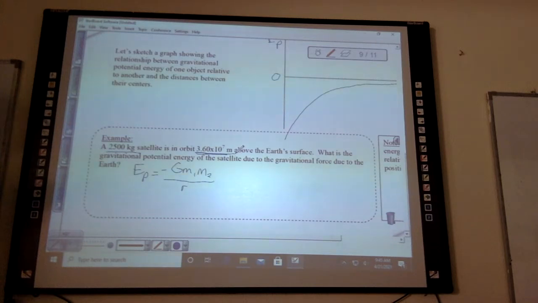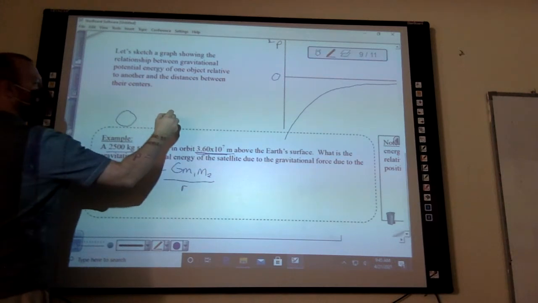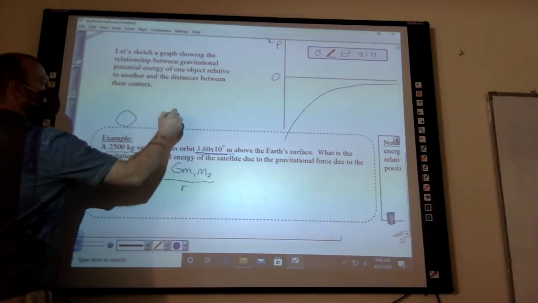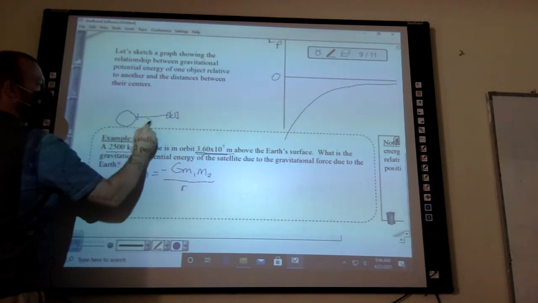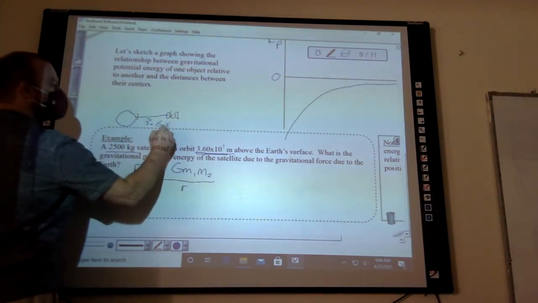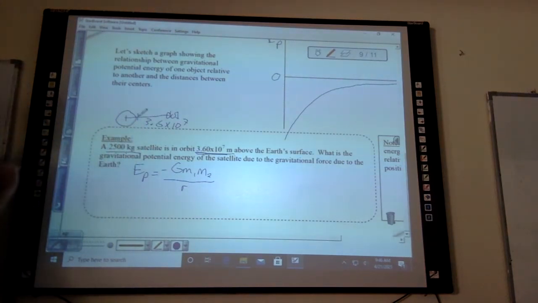I think it's a quarter. No, because you have to add the distance to the center of the Earth. Good. So in this case, here's our planet, here's our satellite. We're told this distance is 3.6 times 10 to the 7. But we also need the radius of the Earth.